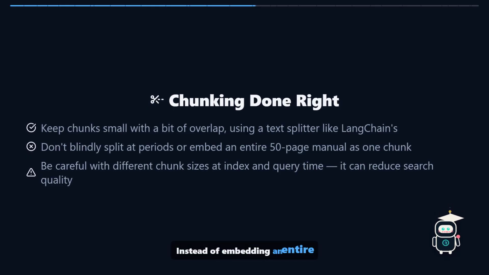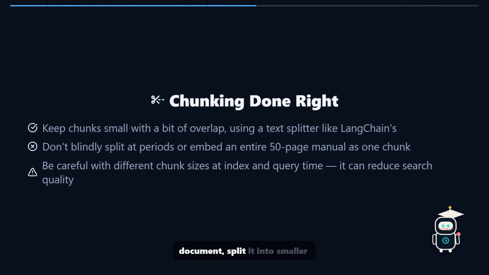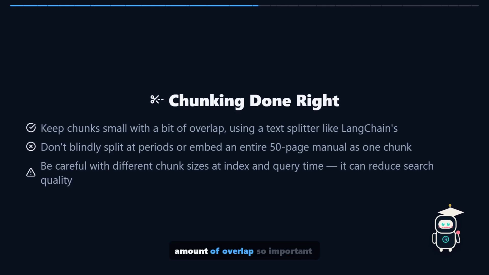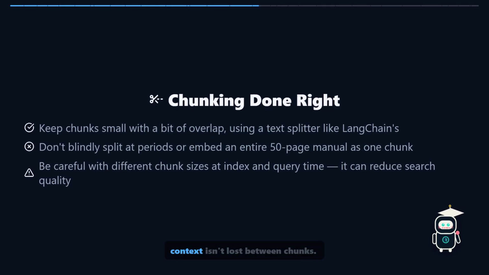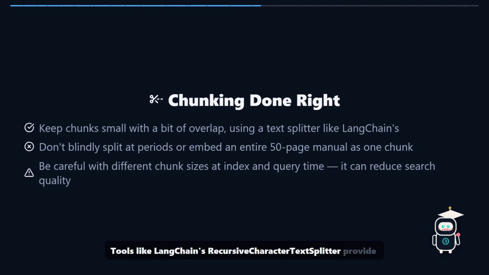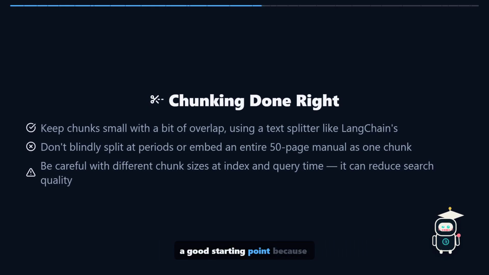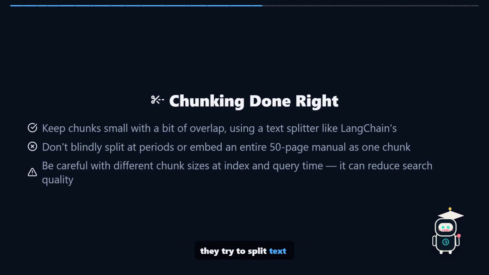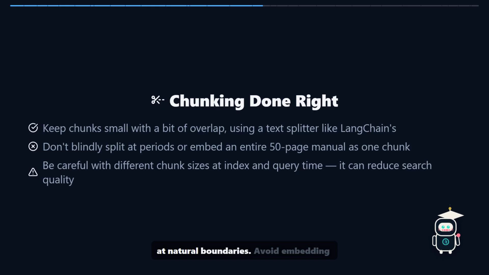Instead of embedding an entire document, split it into smaller sections that each focus on one idea. Include a small amount of overlap so important context isn't lost between chunks. Tools like LangChain's recursive character text splitter provide a good starting point because they try to split text at natural boundaries.